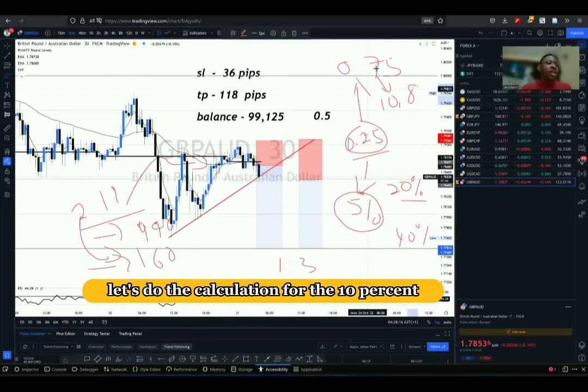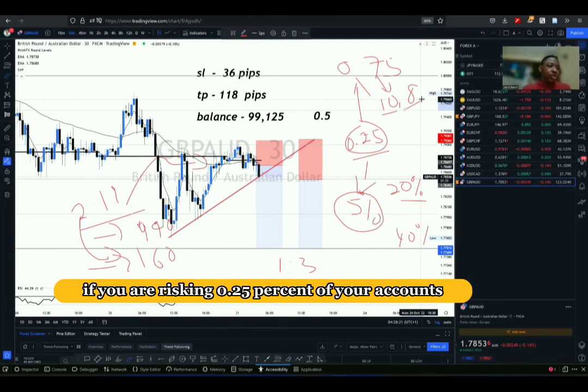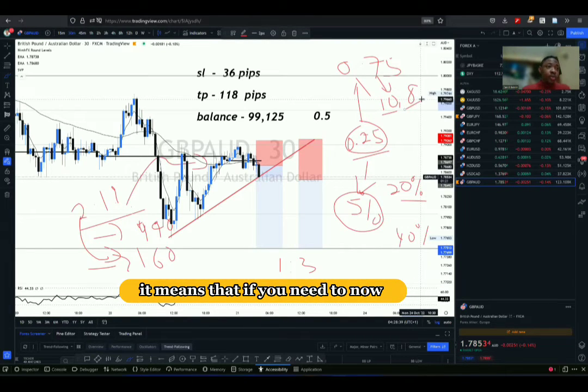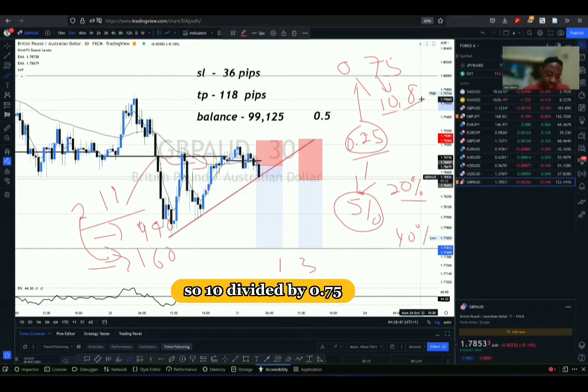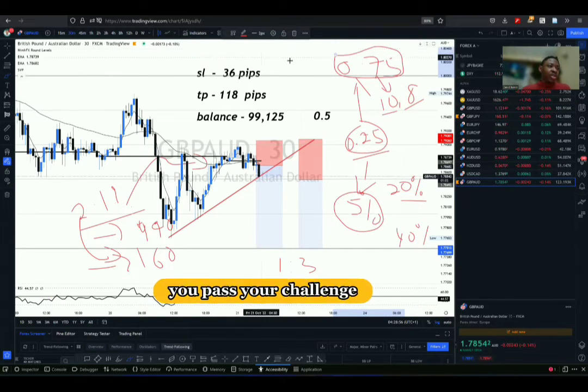Let's do the calculation for the 10% and then the 8%. If you are risking 0.25% of your account to make 0.75, it means 10 divided by 0.75. If you're able to take 13 good trades and they hit your TP, you pass your challenge, if your target is 10%.